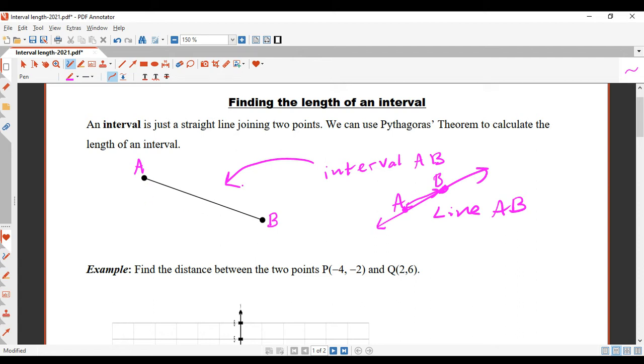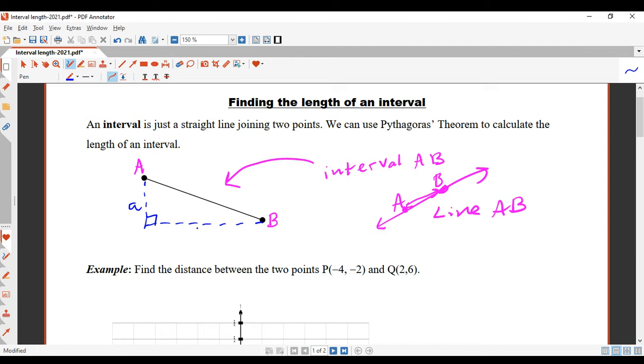So how would we find the length of that? Well, the good thing is we can use something you learned back in year 8, and that is Pythagoras' theorem. If I draw a vertical line and a horizontal line from B, there we go, roughly, and there's a right angle, then I can use Pythagoras' theorem.